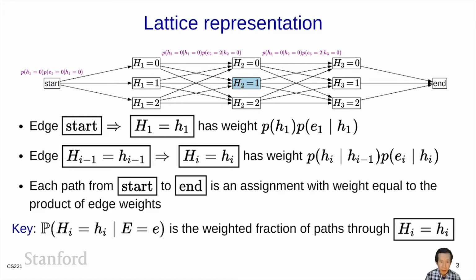Stated differently, I'm going to look at all the paths through this node, add up all their weights, and divide by the sum of the weights over all paths. This gives us a really nice graphical interpretation of these smoothing queries.